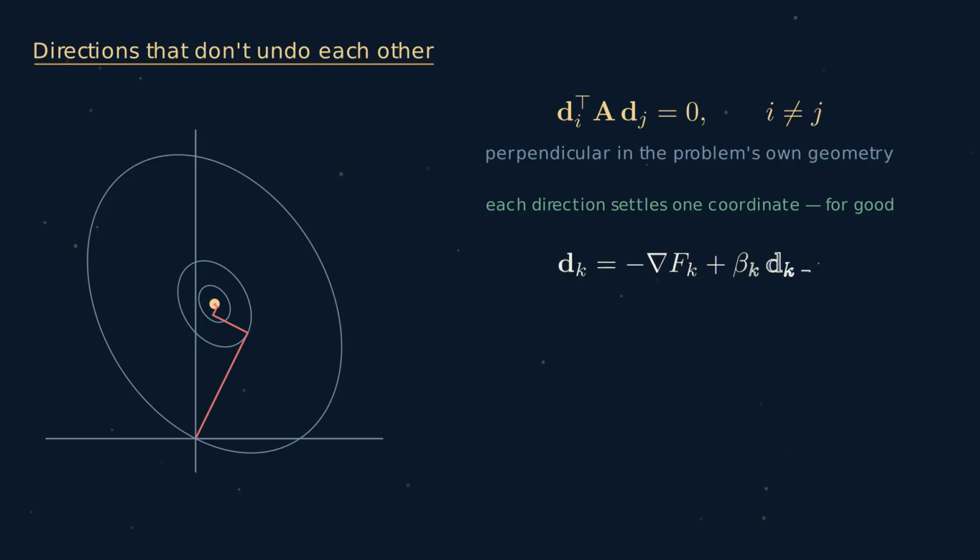The beautiful part, you never need the Hessian to build them. Take the negative gradient and bend it with one multiple of the previous direction. One remembered vector, that is the entire memory of the method. Run it from the origin. First direction, plain steepest descent.